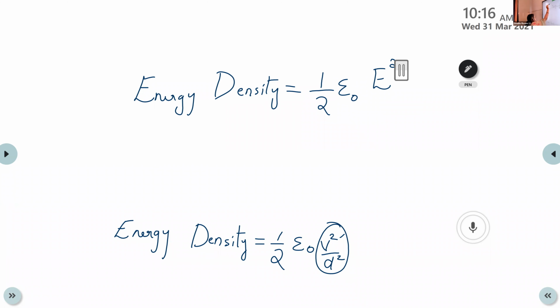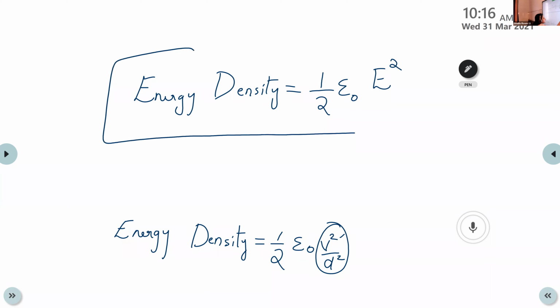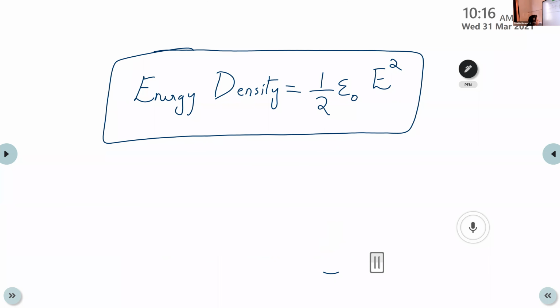This is the expression for the energy density. Energy density is defined as the energy stored in a capacitor per unit volume of the capacitor. So the energy density is given by the equation: energy density is equal to half epsilon 0 E square.